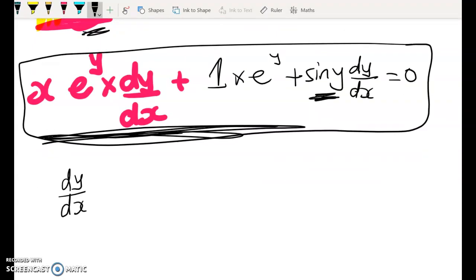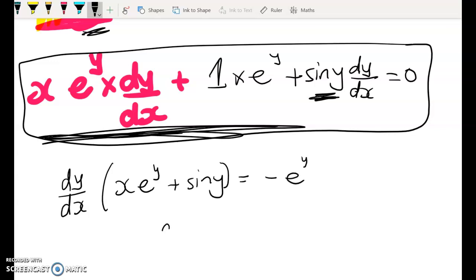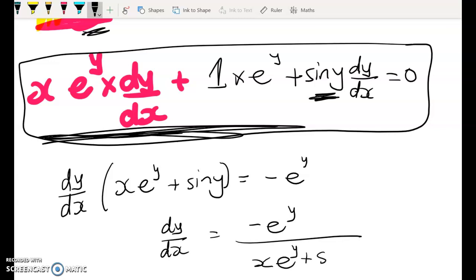So now we can collect up terms, and we're going to get dy by dx times (x e to the y plus sine y) is equal to negative e to the y. So dy by dx is negative e to the y over this. And you can see that I've got the x's and the y's mixed up.